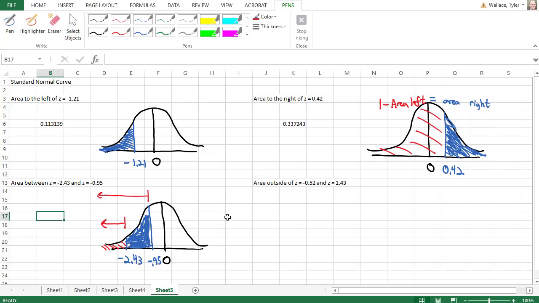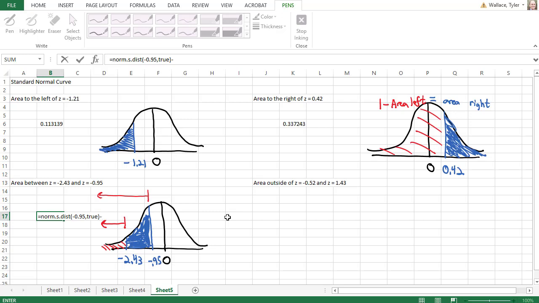In other words, we can start with the bigger chunk, the one to the right: equals NORM.S.DIST. The z-value is negative 0.95, and we will say TRUE. That would give me all the area to the left of negative 0.95, but we don't want that little tail past negative 2.43.